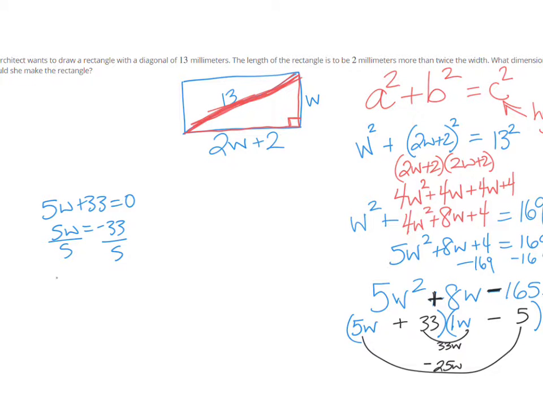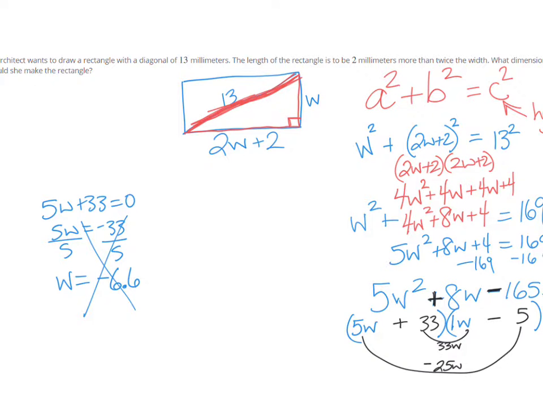It didn't really say that. It's not terrible. It's a negative 6.6 for the width. Oh, you know what doesn't work about that though? It can't be negative. It's a 6.6, I could live with that, but the negative, I can't have a negative side length on my rectangle, so I'm going to cross that out. Let's do the other one.